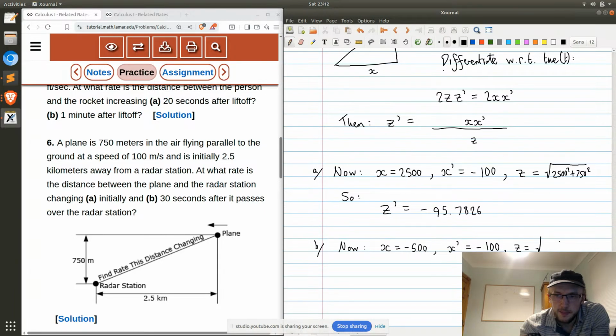That will be the square of negative 500 plus the square of 750. And so Z prime will be, think that times that over this. Whatever that happens to be.